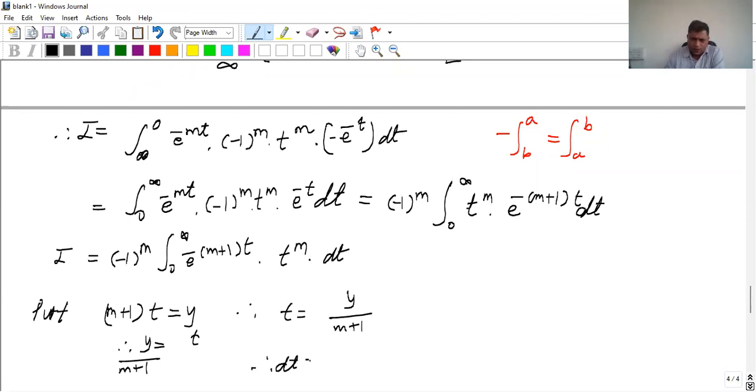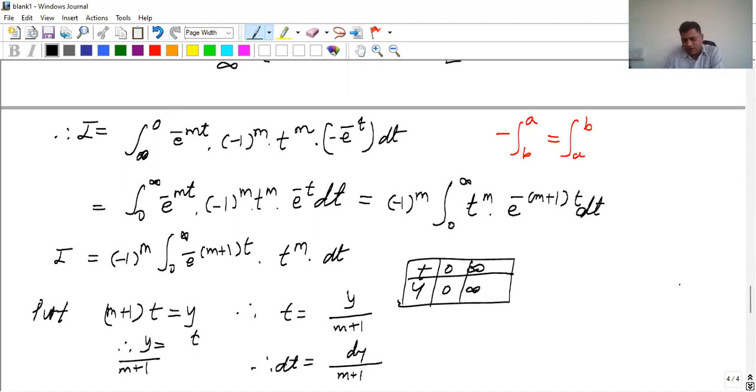And hence, what will be dt? dt will be dy/(m+1). Is that okay? And then the limits. If t is 0 to infinity, y will also be 0 to infinity.